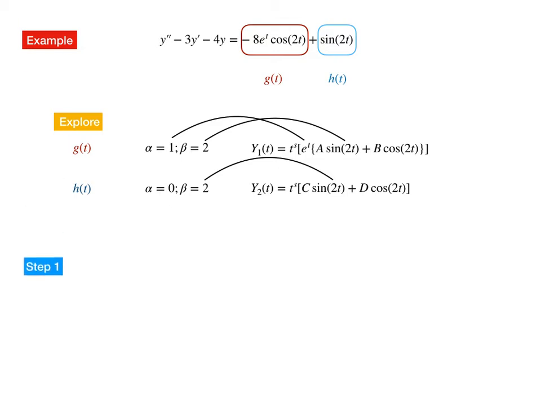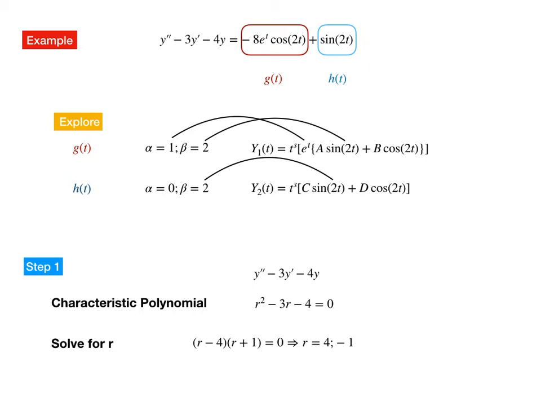All right, so the first step is to form the characteristic polynomial using the left side of the equation. Solve for r, and the roots of this characteristic polynomial in this case are real roots, meaning that, keep in mind, if you look at the third case and the roots of the characteristic polynomial are real, the value of s is going to be 0.